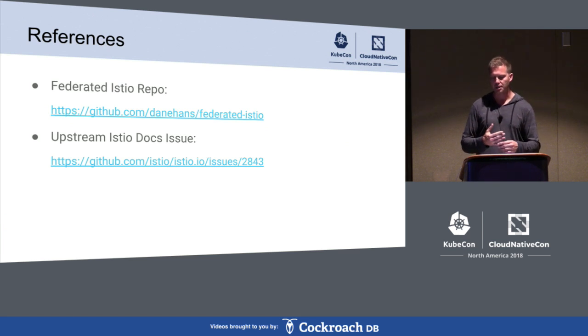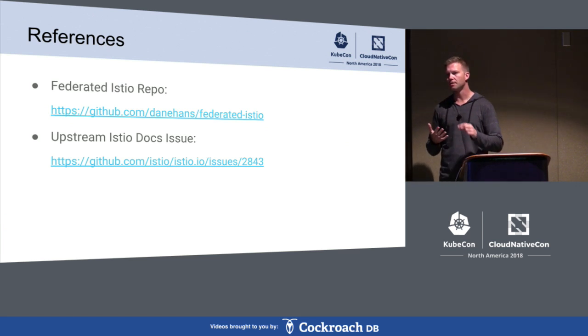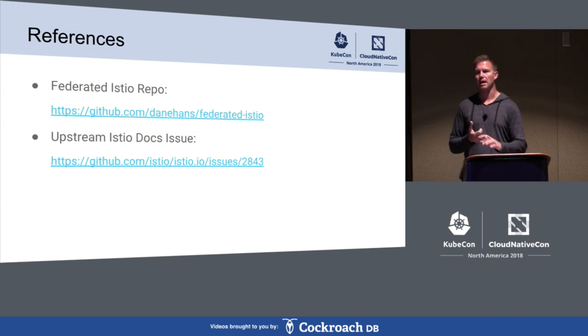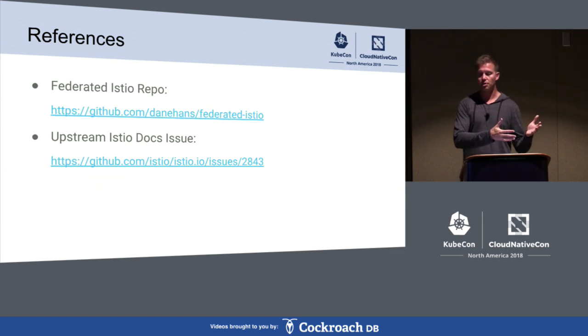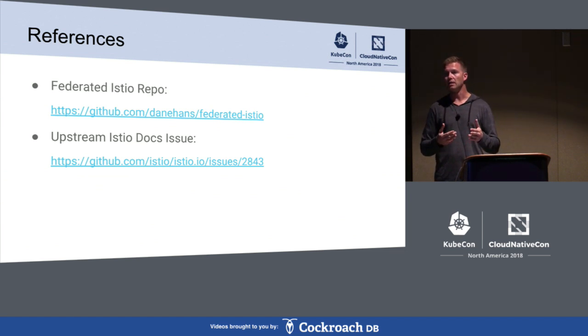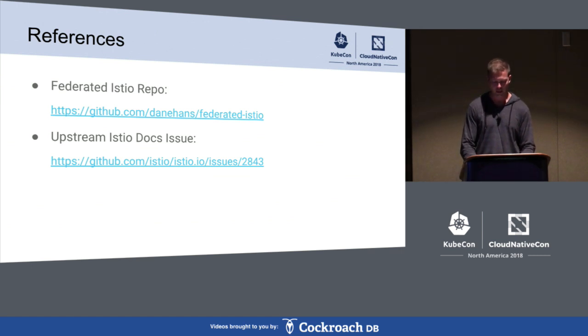This federated Istio repo just has docs, some deployment scripts and manifests so that you can follow the Federation v2 user guide and stand up a couple clusters and run your Federation v2 control plane, and then jump over to this repo and take the next step of running federated Istio.